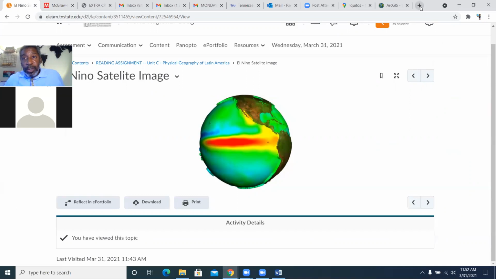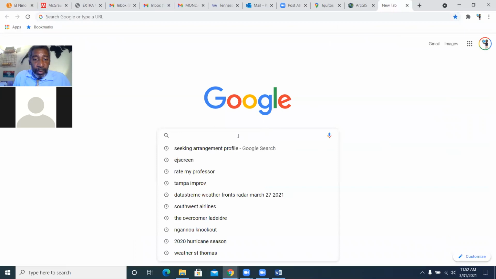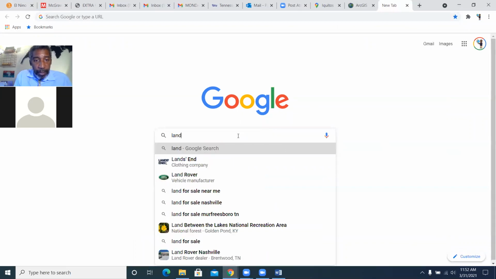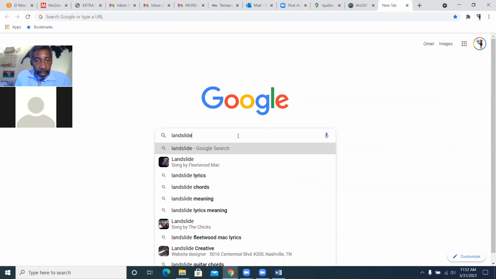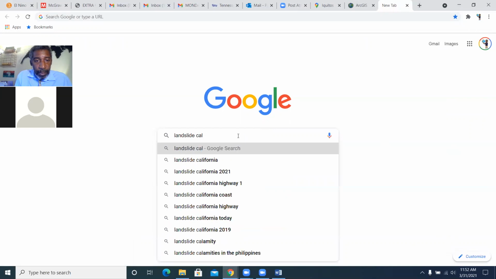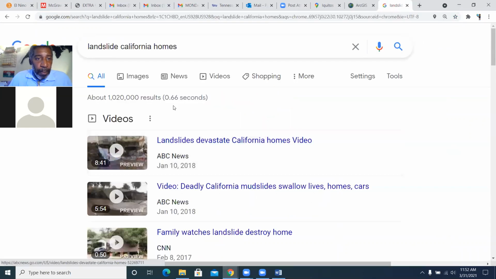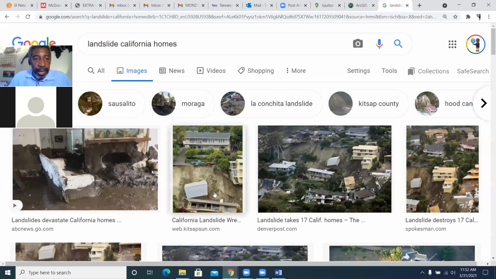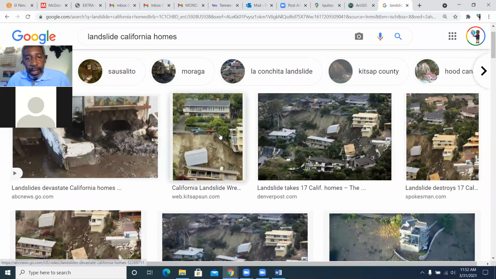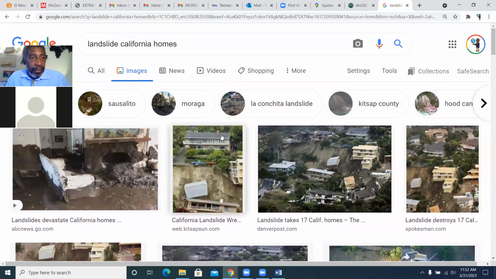Also on the West Coast, you'll notice landslides affecting California homes. A lot of people in California like to build their houses close to the ocean. You have a nice ocean front view.